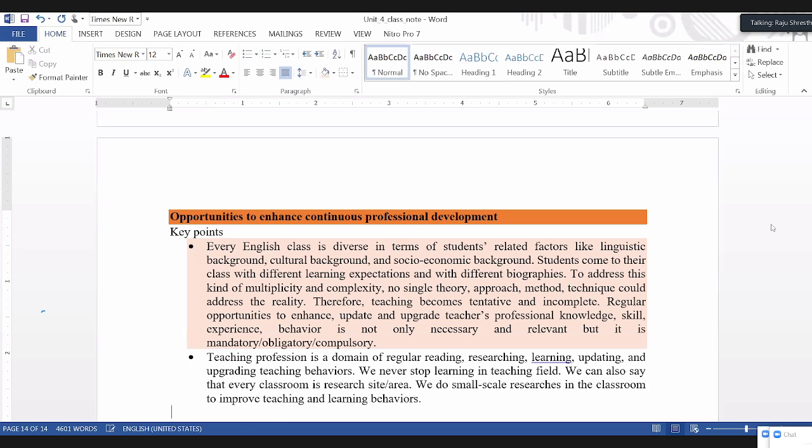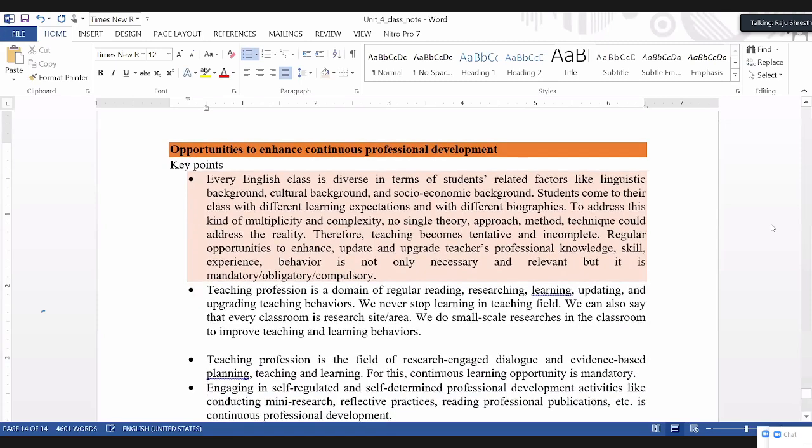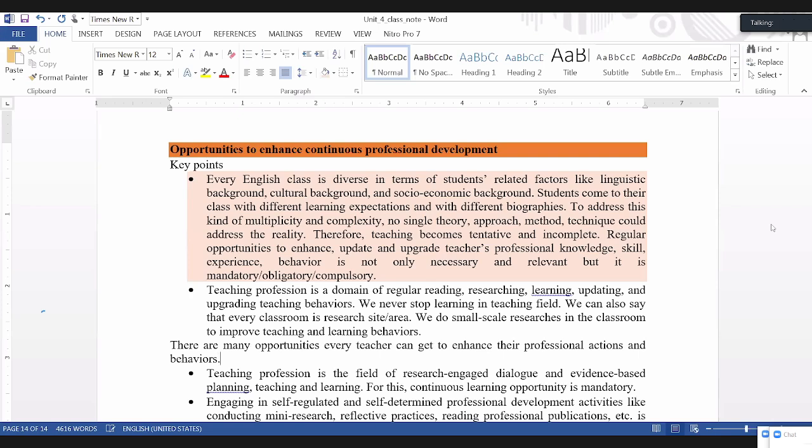Now, from this, there are many opportunities. Every teacher can get to enhance their professional actions and behaviors. Some of them are given below.